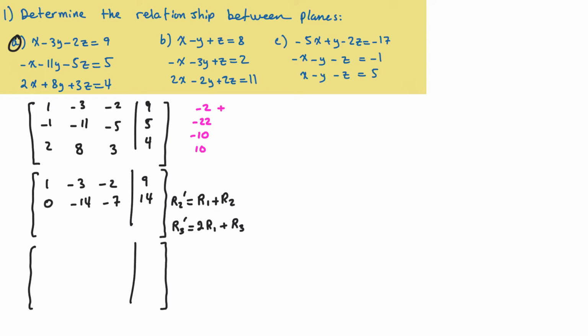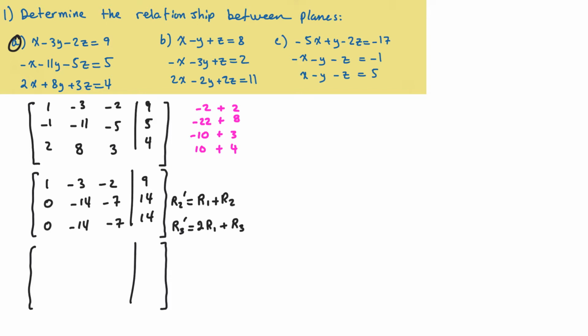And we're adding row 3 to it. Once I add all the components, -2 plus 2 is 0, -22 plus 8 is -14, -10 plus 3 is -7, and 10 plus 4 is 14.